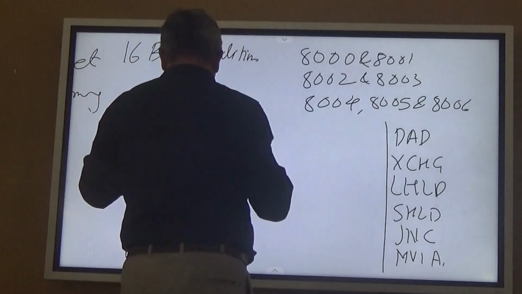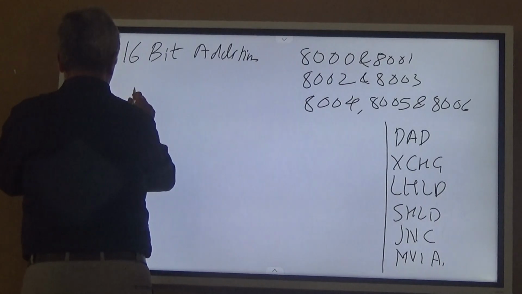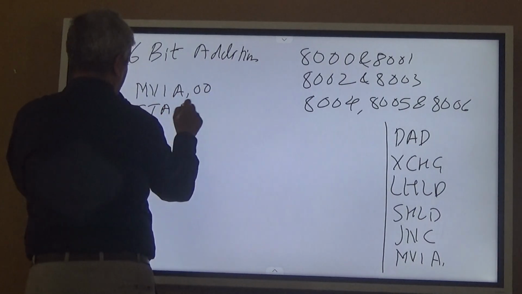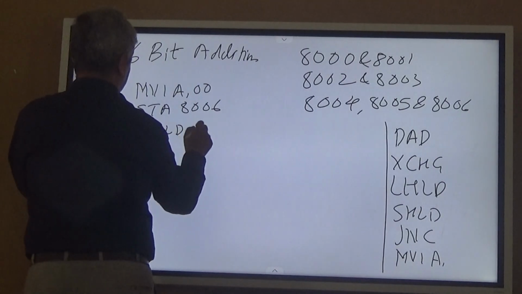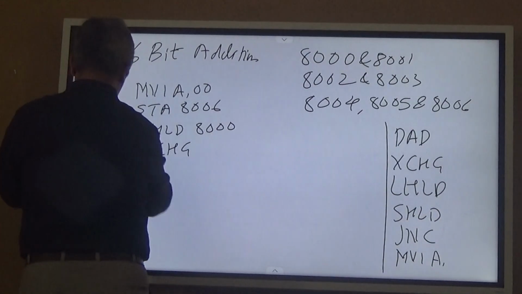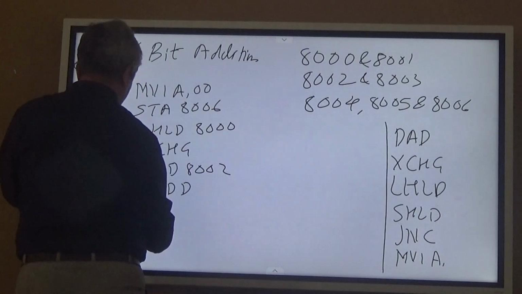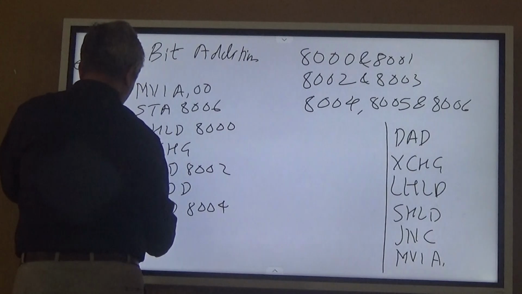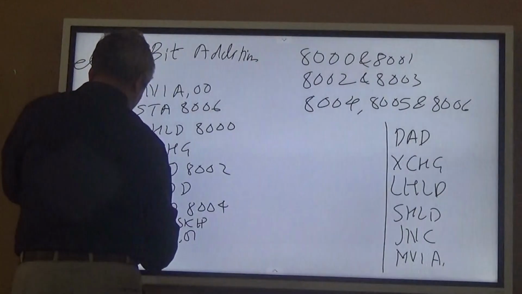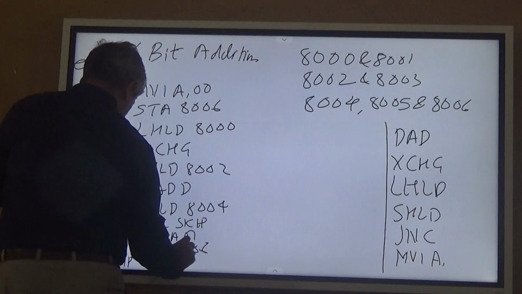It is like this: MVI A, 00; STA 8006; LHLD 8000; exchange; LHLD 8002; DAD; SHLD 8004; jump on no carry, skip; MVI A, 01; STA 8006; skip.